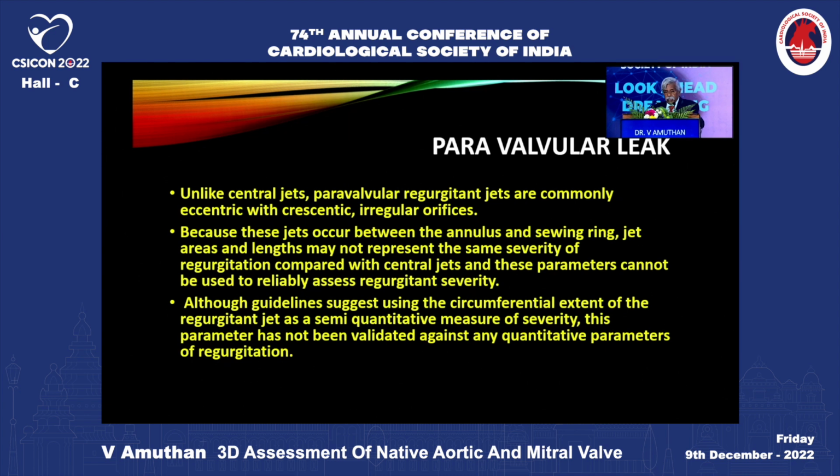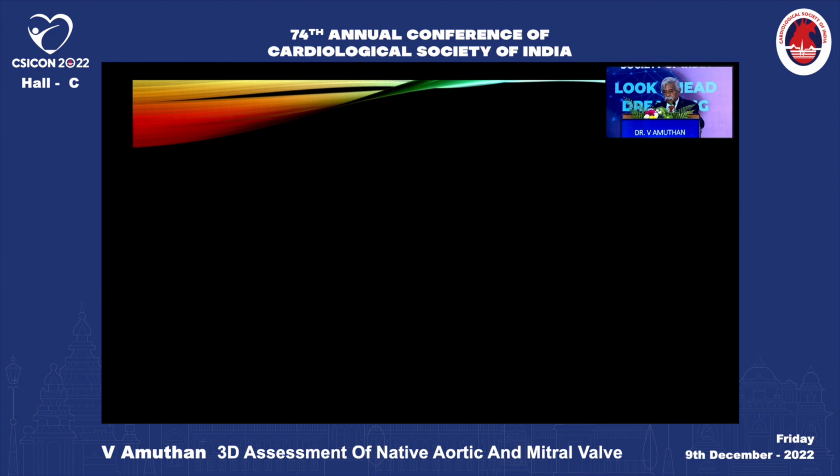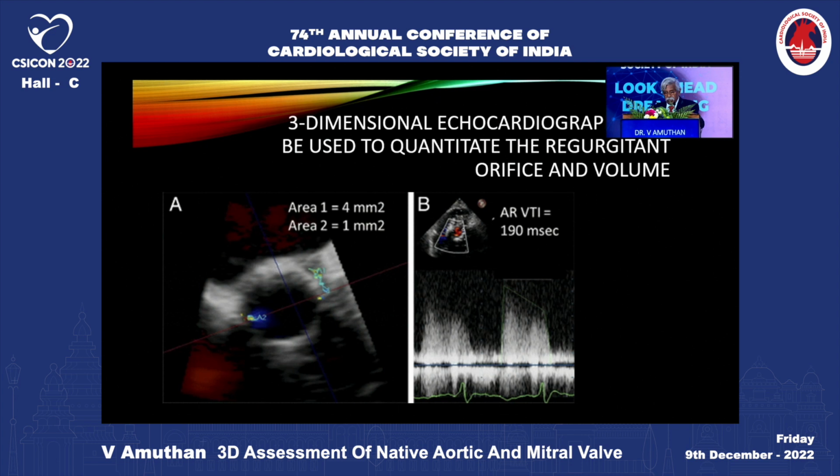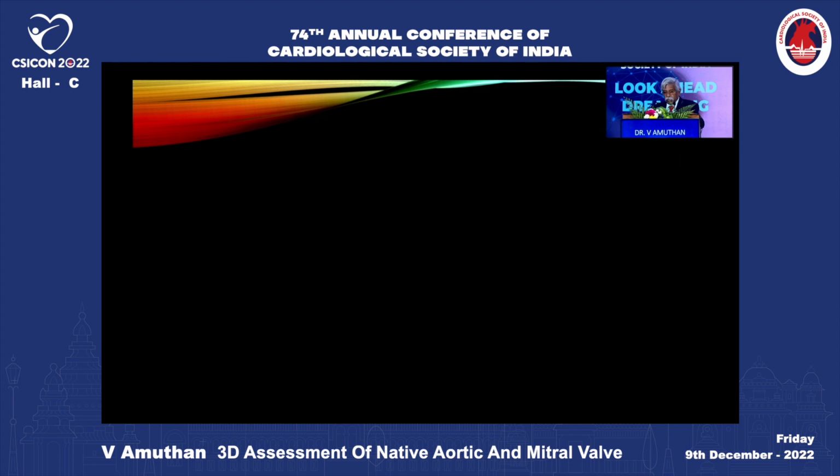These are the various valves. And the most important thing is that assessment of the paravalvular leak during the TAVR procedures is very important. And you can simply identify the regurgitant jet and go for the calculations and other things. I will just demonstrate how you assess the native mitral valve.